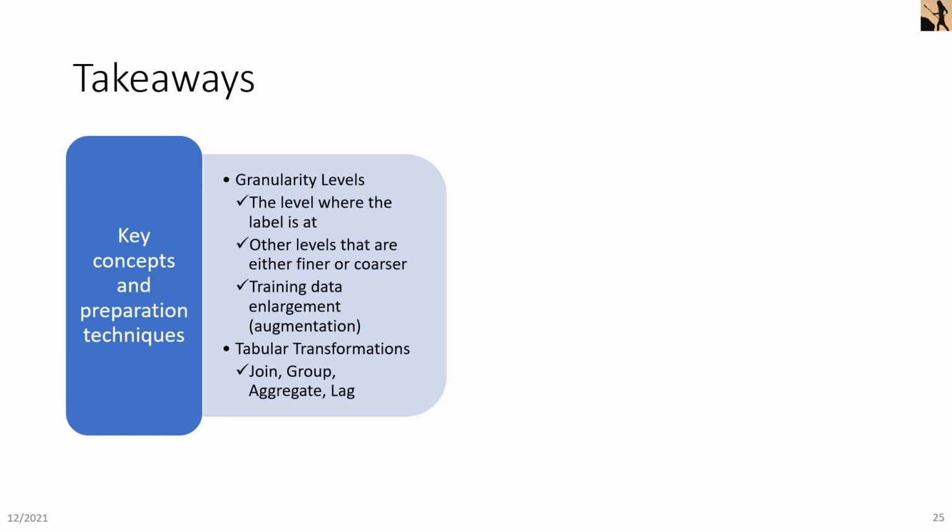So what's the takeaway then? Okay. This tutorial looks simple and you can treat it as a review, right? But there are key concepts involved. And if you think harder, you can already sense a lot of data preparation techniques. And again, we're talking about having a very strong feeling about the granularity levels, right?